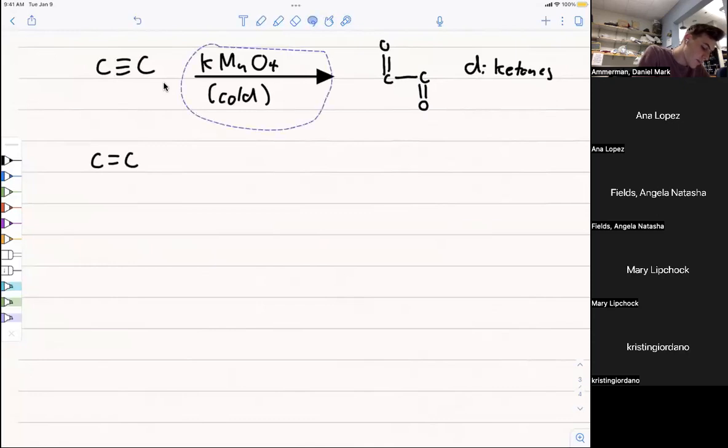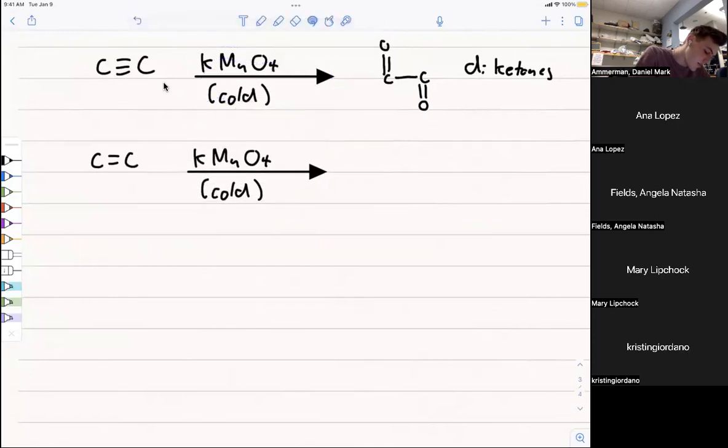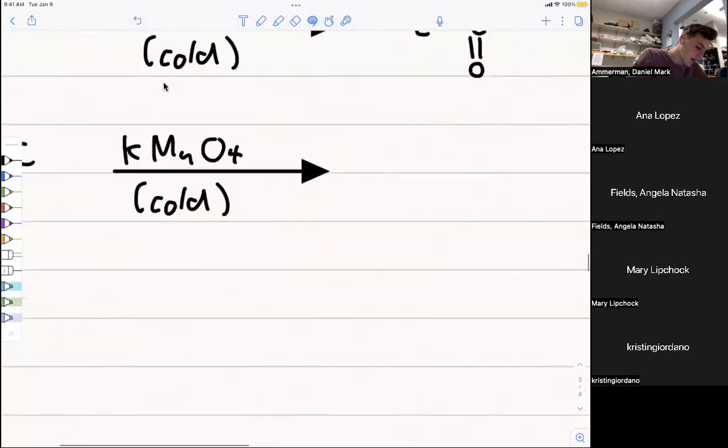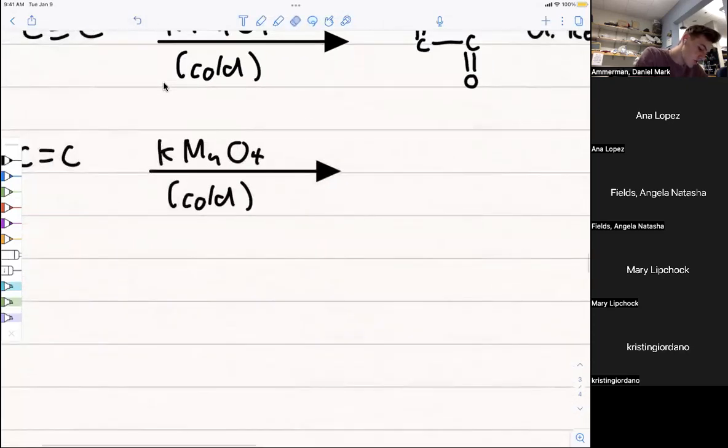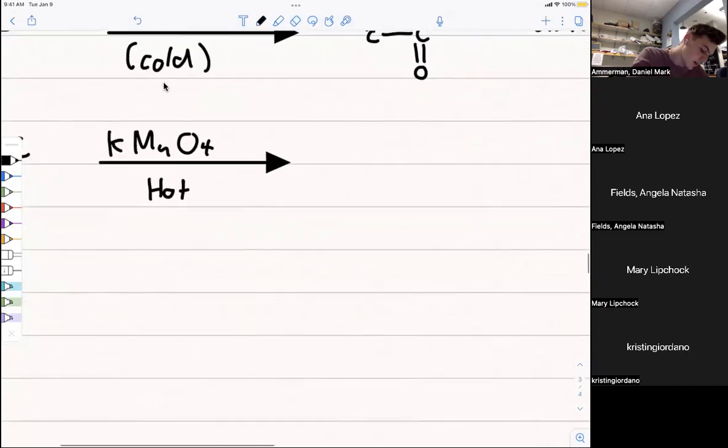When we have permanganate, but it's hot, instead of that addition, we're going to get oxidative cleavage. And it's going to cleave this bond into C double bond this oxygen.